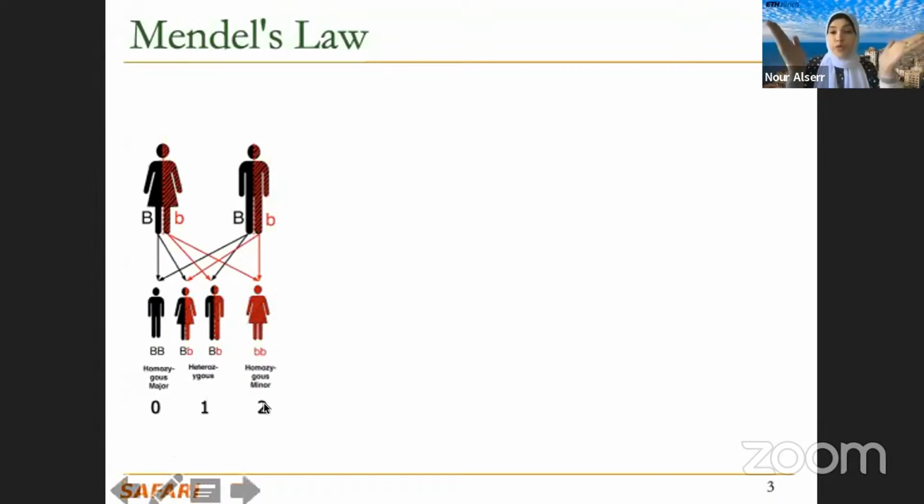If both are minor alleles, then we call it homozygous minor, and we give the value of 2. Now, what are the probabilities of having the values of 0, 1, or 2, like having a homozygous major SNP or a heterozygous SNP or a homozygous minor SNP?